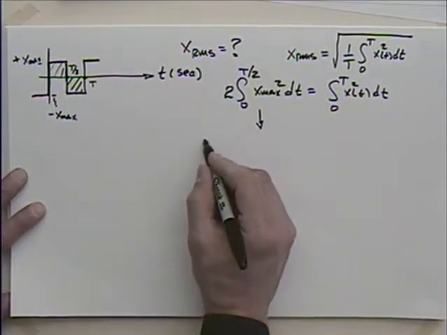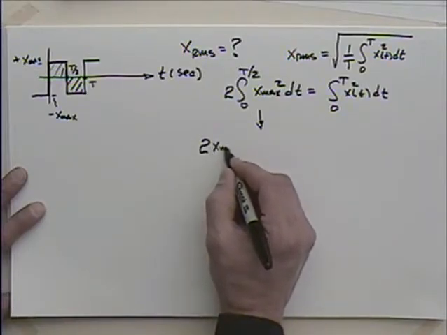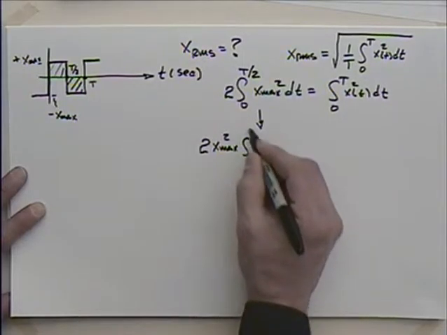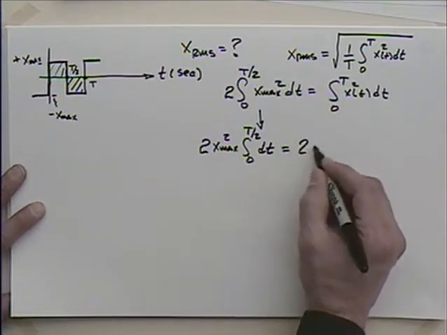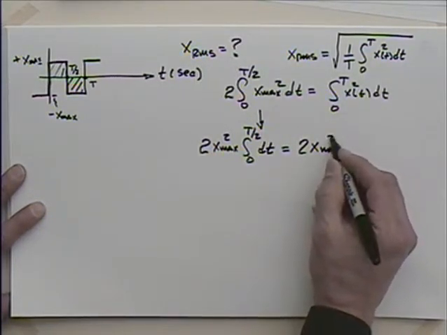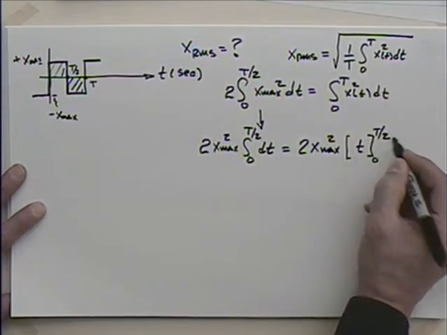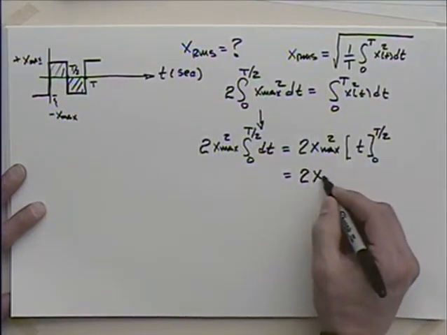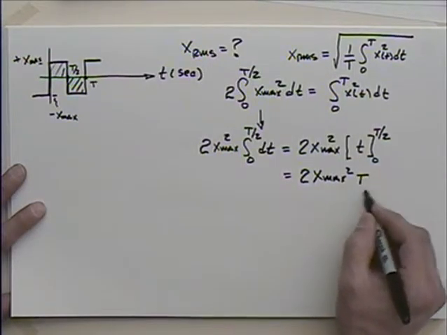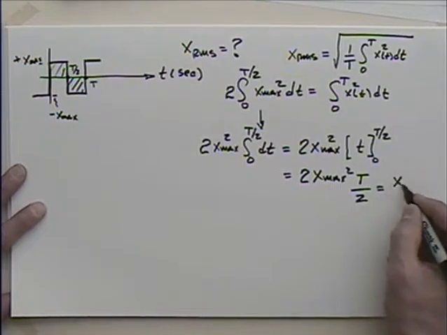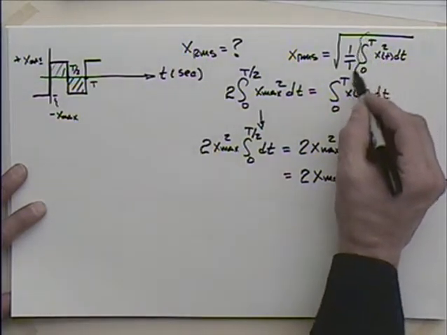So when I do this, I'll have 2 times x max squared times the integral from 0 to t over 2 of dt, which is going to give me 2 x max squared times t evaluated at 0 and t over 2, which gives me 2 x max squared times t divided by 2, or I will have x max squared times t, right? Now that's just, again, this piece here.